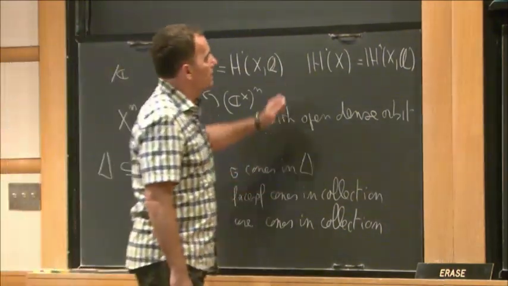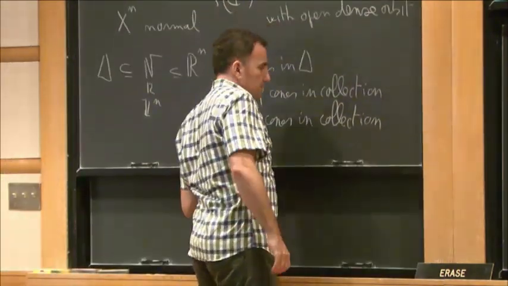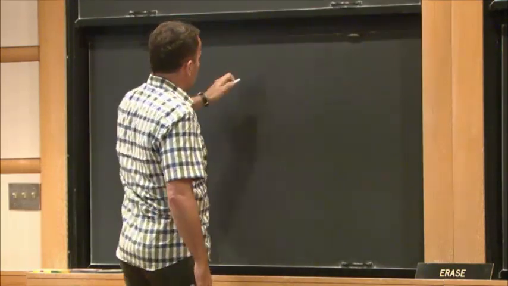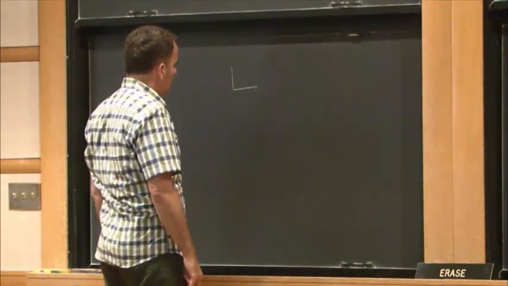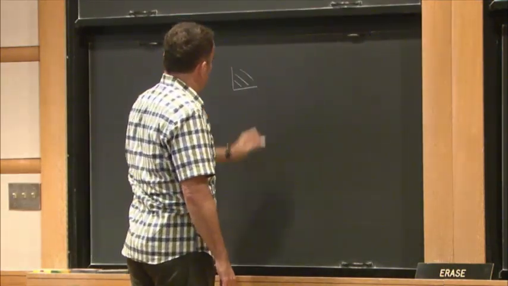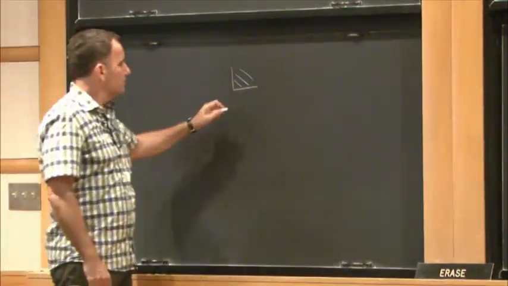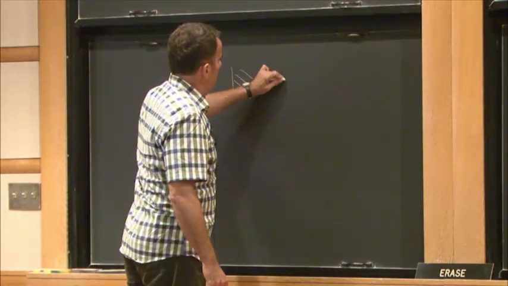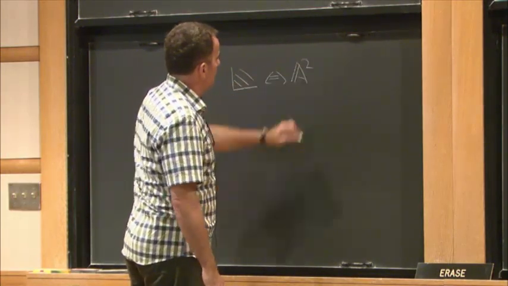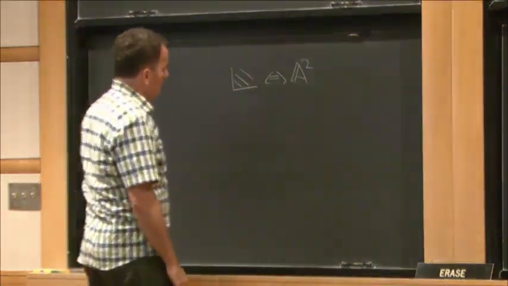So, of course, here is the example of the affine plane. This is supposed to be the simplex in R2. You can blow this up.